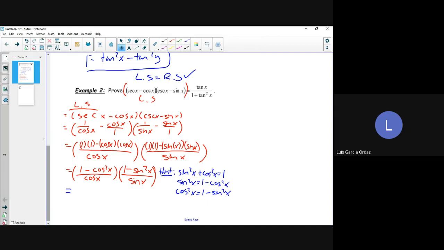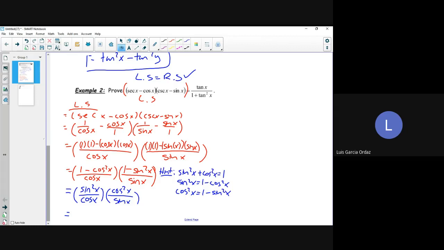Because our numerators involve both of them, we can simplify the numerator in the first. So 1 minus cos squared x is equal to sine squared x. So we get sine squared x over cos x multiplied by cos squared x, since cos squared x is equal to 1 minus sine squared x, divided by sine of x.